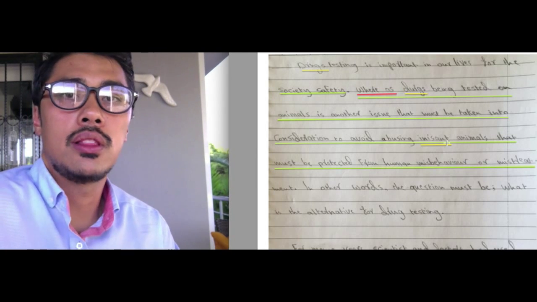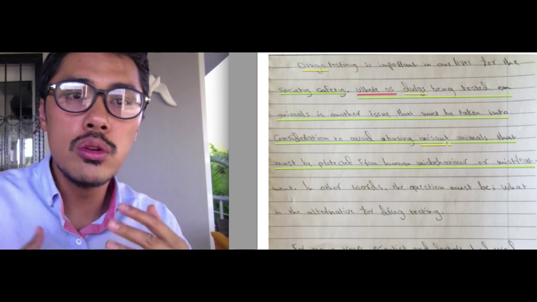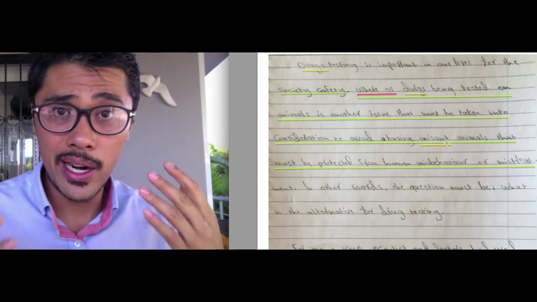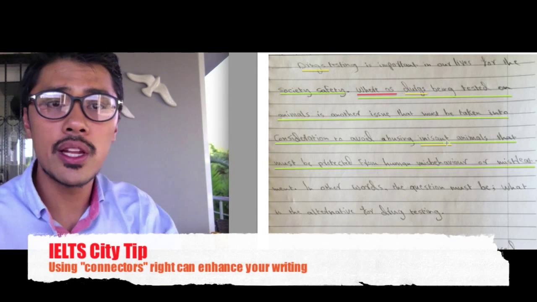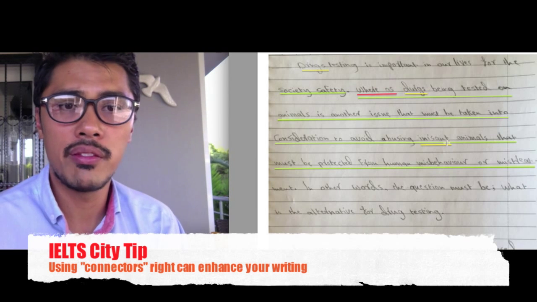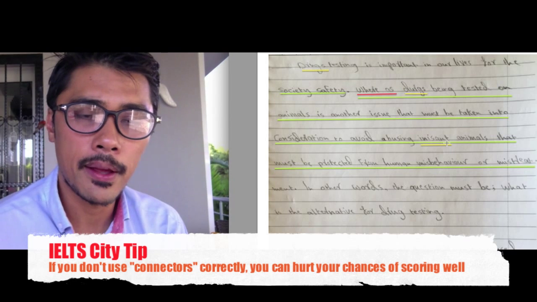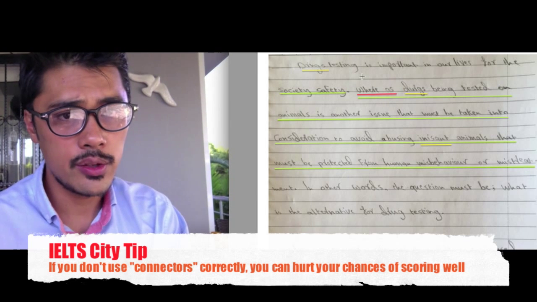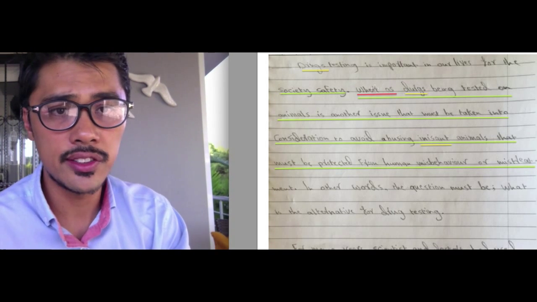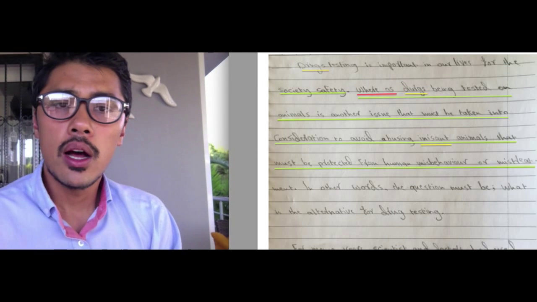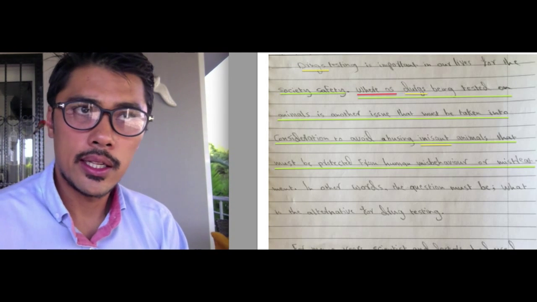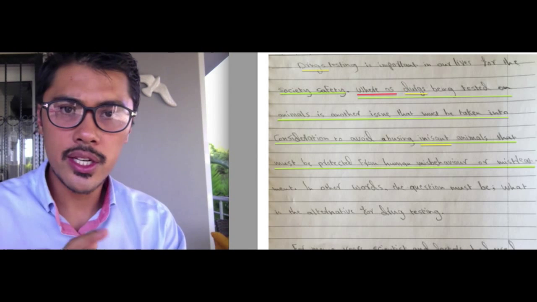So that's what you need to focus on. You need to use your cohesive devices correctly, and don't just throw them in there. When you put them in wherever you like, it's clear to the reader that you don't know how to use them. All right, so I gave you a tip how to use this one. Okay, use however instead.